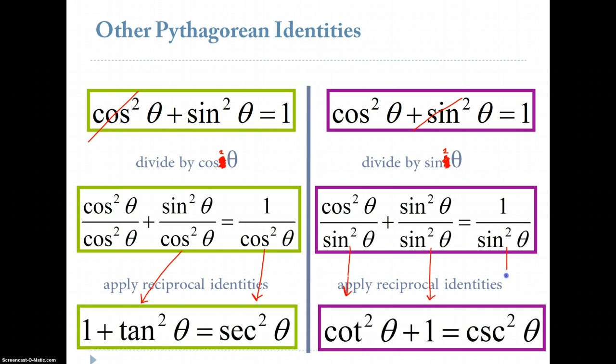And 1 over sine squared theta gives me cosecant squared theta using the reciprocal identity. And this, of course, is Pythagorean identity number 3. So there are 3 Pythagorean identities. We always start with the most basic, which is cosine squared theta plus sine squared theta equals 1. And then we can derive the other two either by dividing by sine squared theta, or over here by dividing by cosine squared theta.